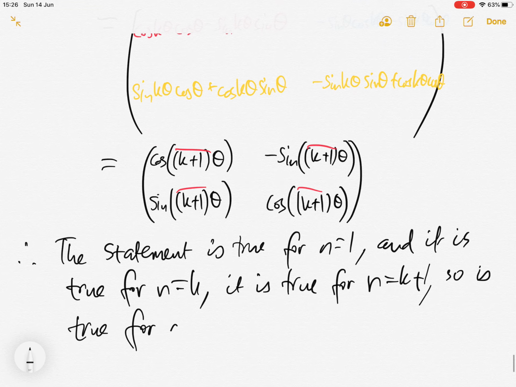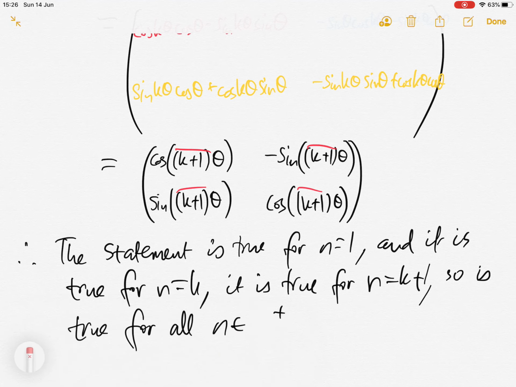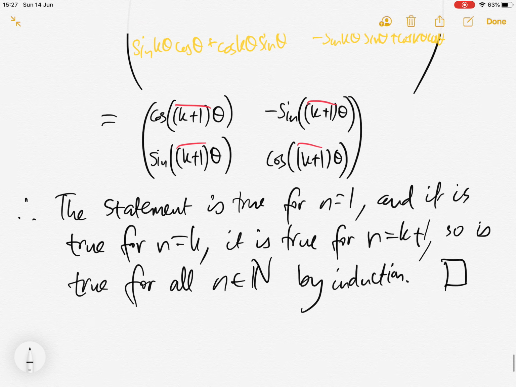So it is true for all positive integers n, or else for natural numbers, same thing. For all natural numbers n by induction. End of proof. So with matrix proofs, quite typically you'll be asked to find or to prove that a certain formula for the nth power of a matrix is true.